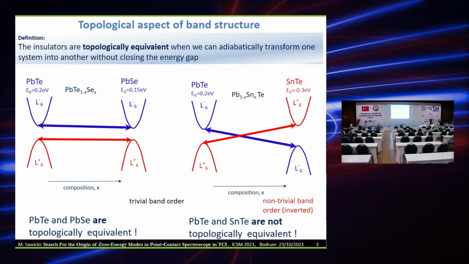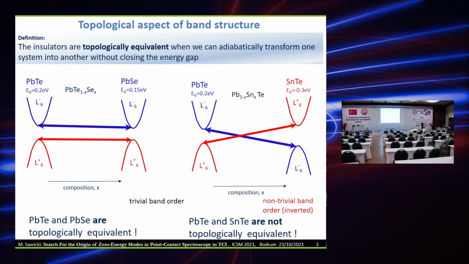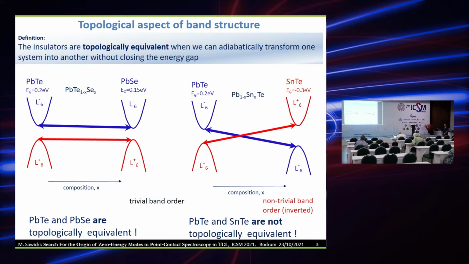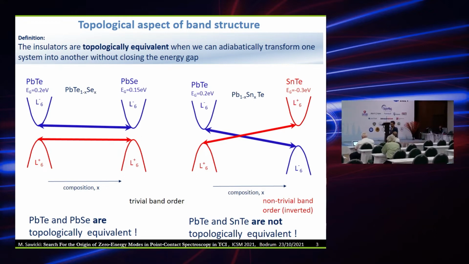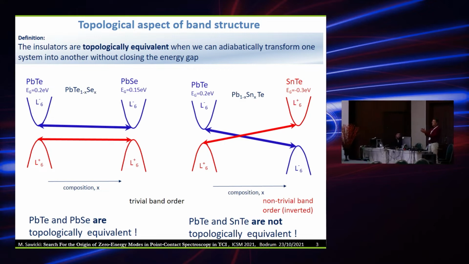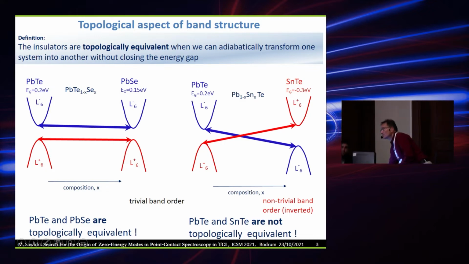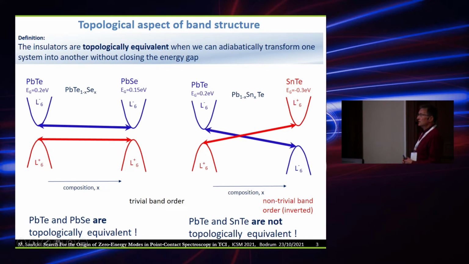Very importantly, when we are switching between lead telluride and tin telluride, we have to change the order of the bonds. So on the way from the first compound to the second compound, we have to come through the transition here. So we are going from the trivial case for lead telluride to the topological protection in tin telluride.